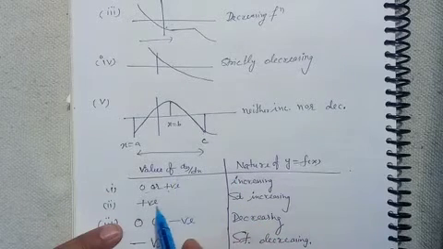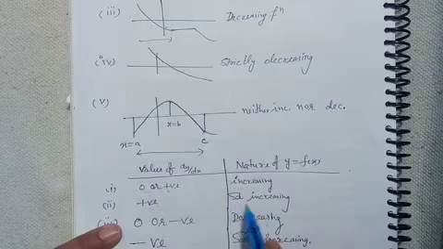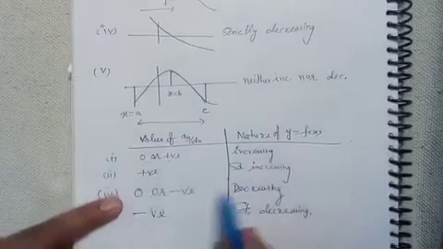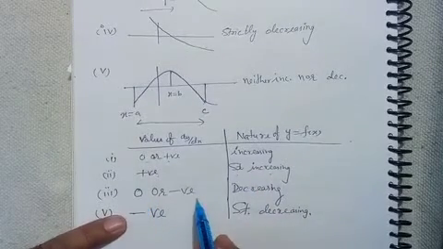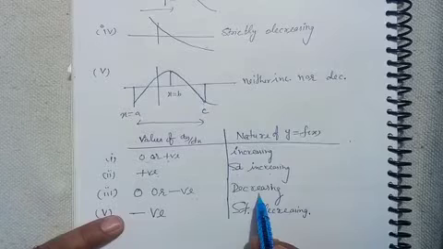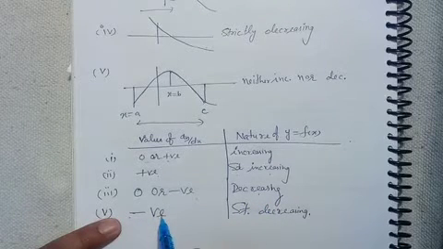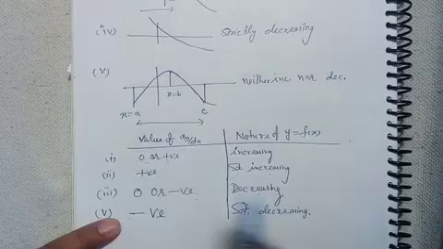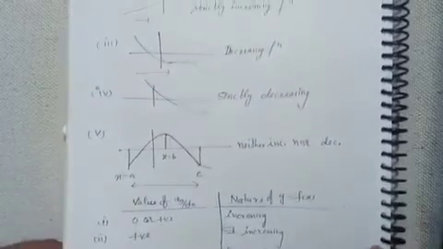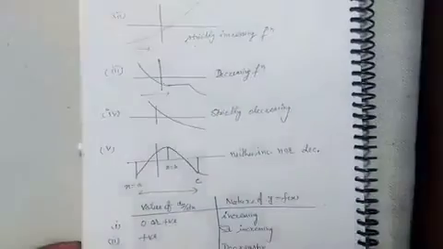If dy by dx is strictly positive, function is strictly increasing. If dy by dx is 0 or negative, then function is decreasing. If dy by dx is strictly negative, then function is strictly decreasing. You may note down this page or you may take its screenshot.